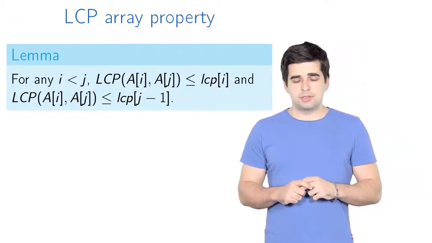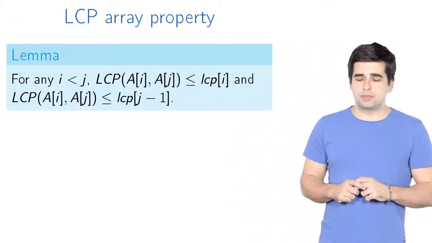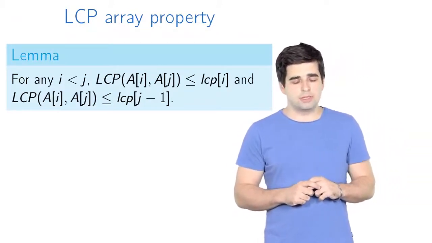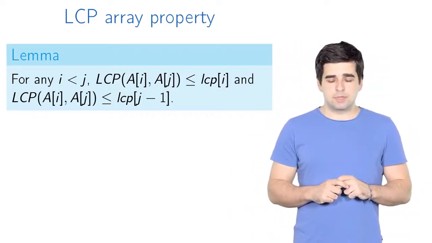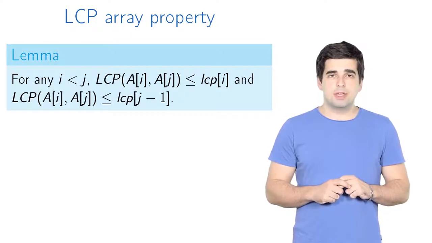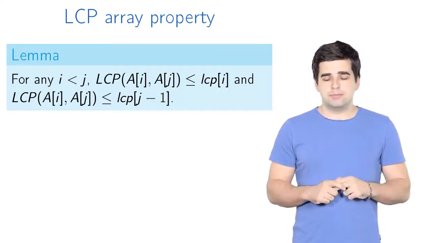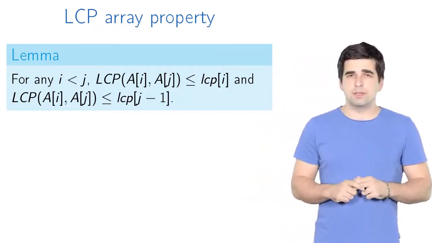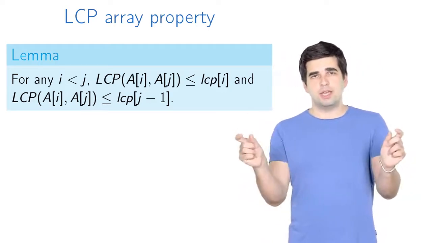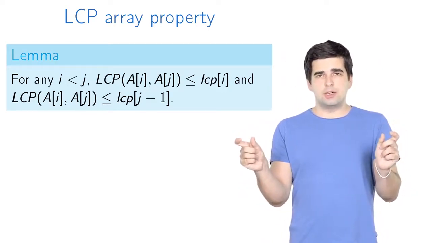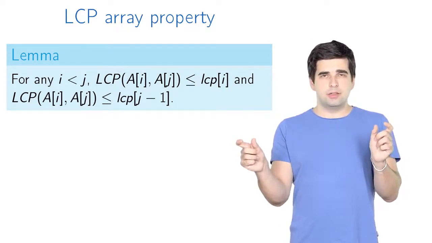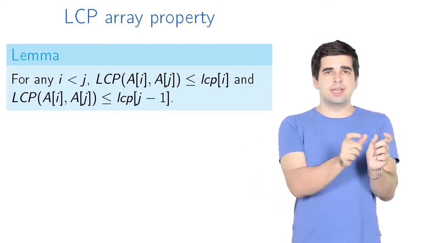And the central LCP array property, which will enable us to compute it fast, is that for any indices I and j in the suffix array, where I is less than j, the longest common prefix between AI and AJ, which are far from each other, is not bigger than the LCP of I, which is basically the longest common prefix of I and the next element.